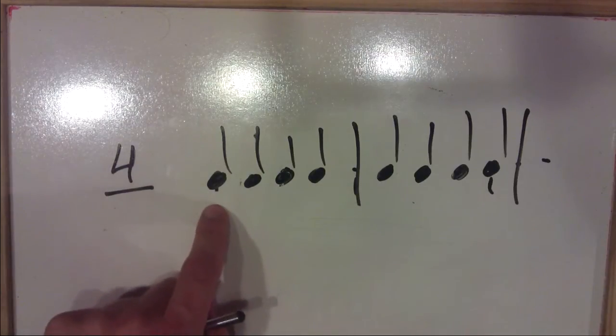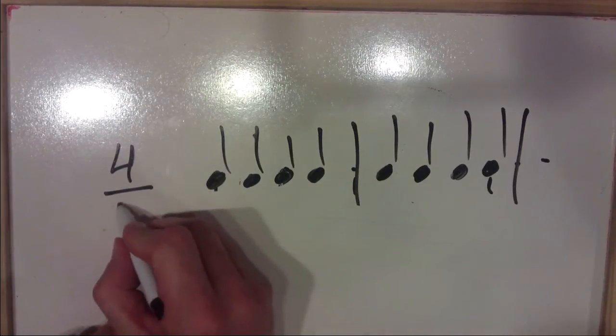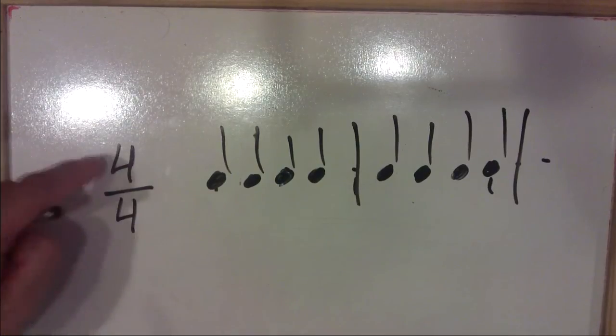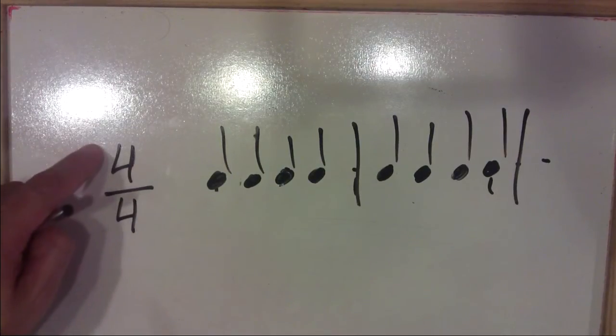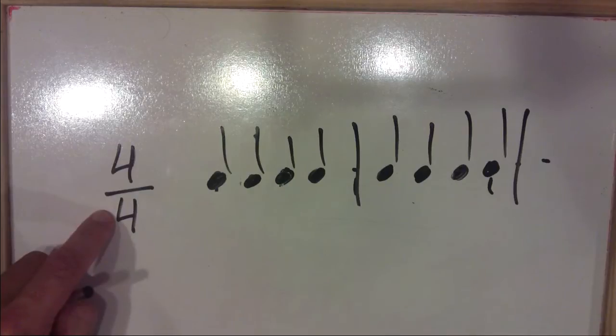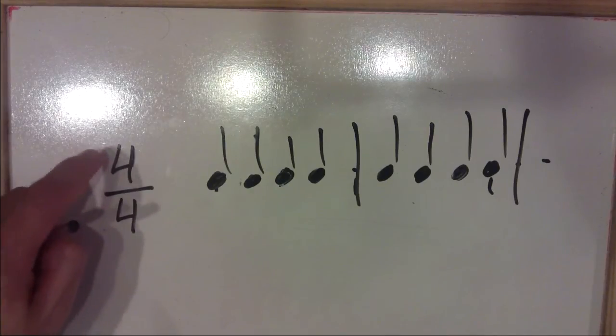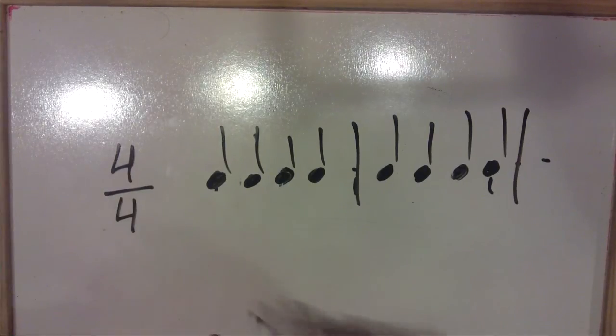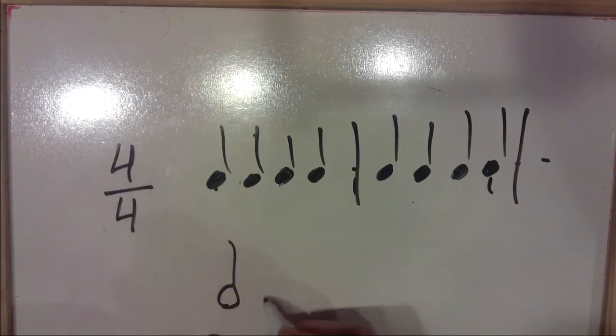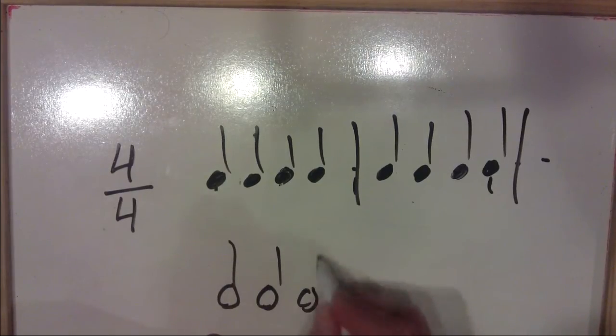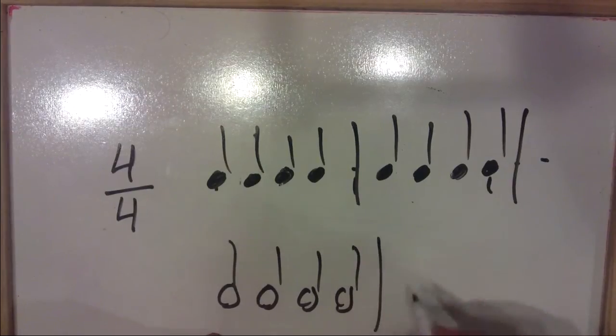Because I choose the quarter note as a unit, I need to put a 4 here, and what we have here is a 4 by 4. I could use as a unit, for example, a half note. This is less usual.